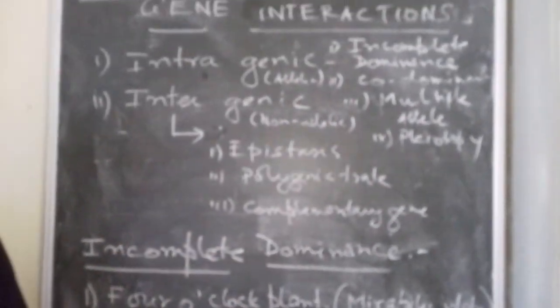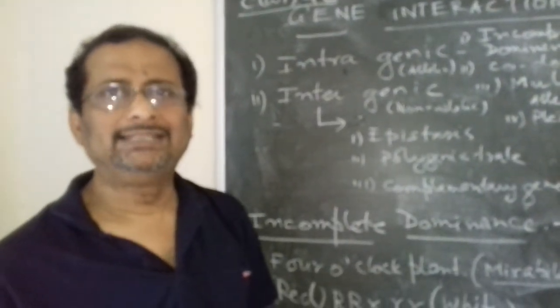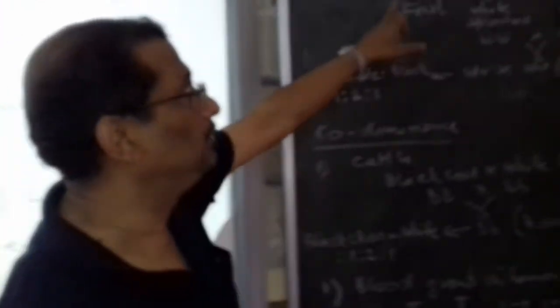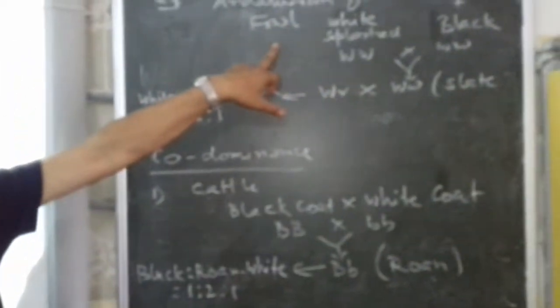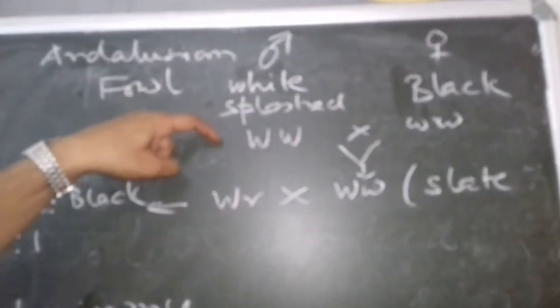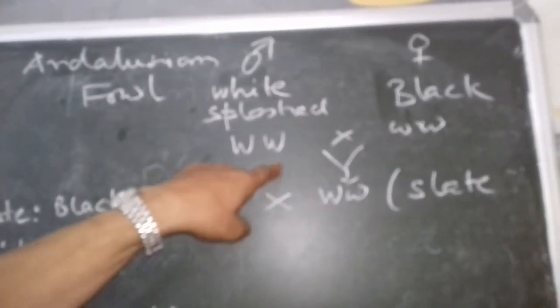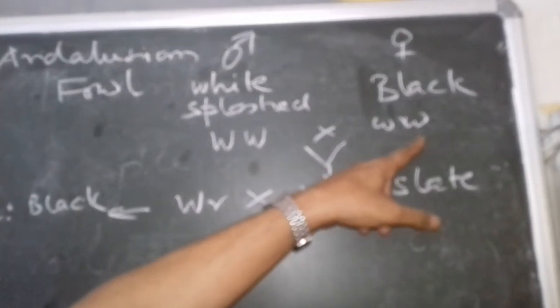Now, this is a classical example of incomplete dominance. You find this also in Snapdragon, which is called Antirrhinum. We take an example of incomplete dominance also in a fowl called the Andalusian fowl, where the fowls are found in the form of white splashed, expressed by capital W, and black, small w.